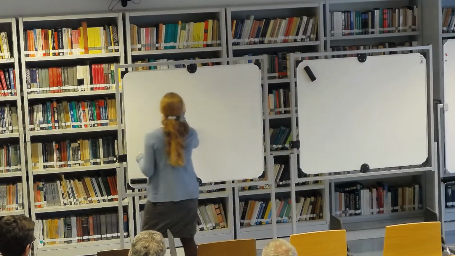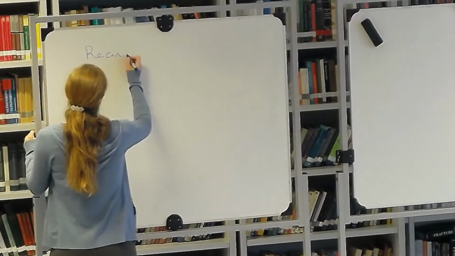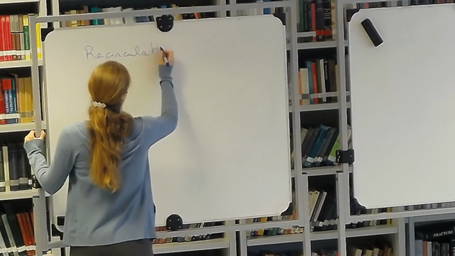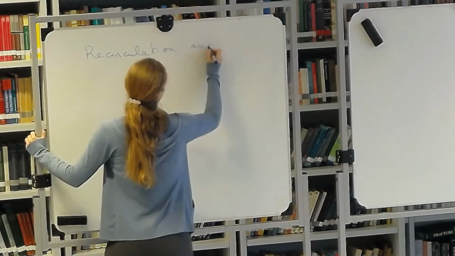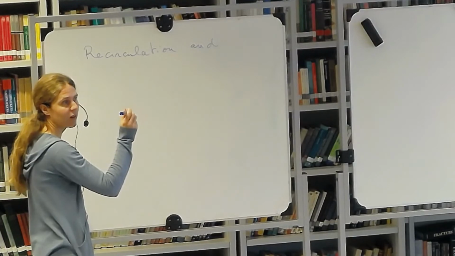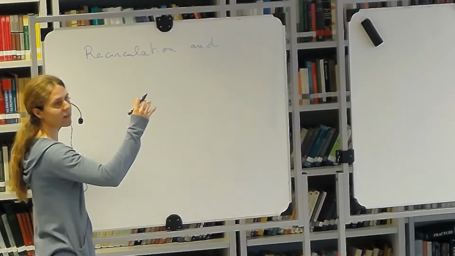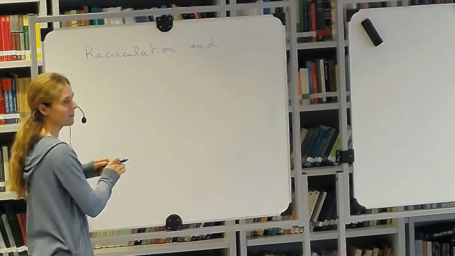Okay, so the title of the talk that I gave was Recirculation and Singularities. And I think that the talk is also online. If I should write larger or something, please tell me.